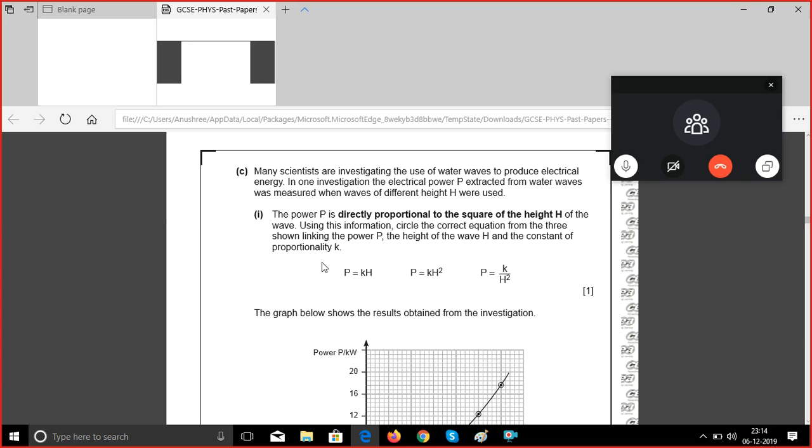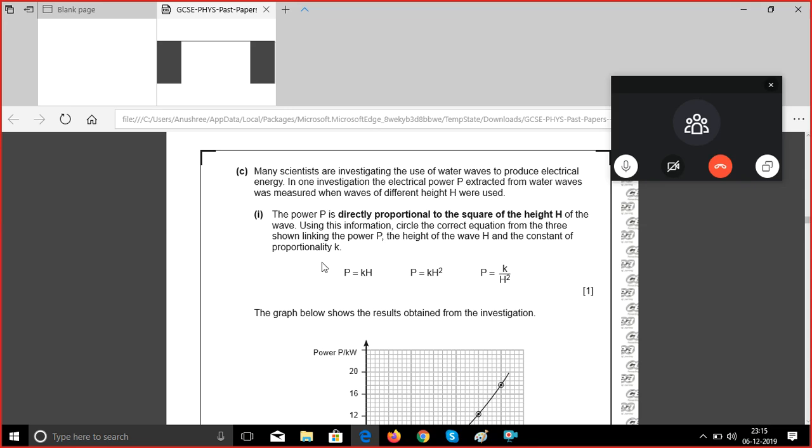The power P is directly proportional to the square of the height h of the wave. Using this information, circle the correct information, looking at the power P, the height of the wave h, and the constant of proportionality k.